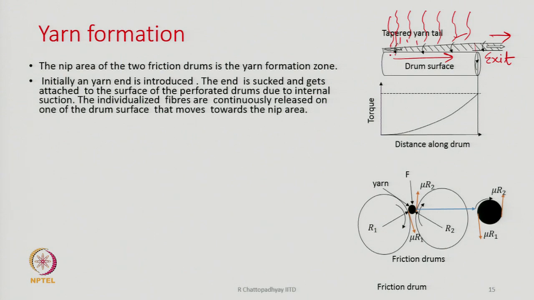If I divide the tail into a number of segments, the segment at the extreme left will keep on receiving fibers as it goes from left to right. So, by the time they reach the exit end, they will be very thick, and the part in the extreme left will be thinner. So, at any point of time, the yarn tail will look tapered.